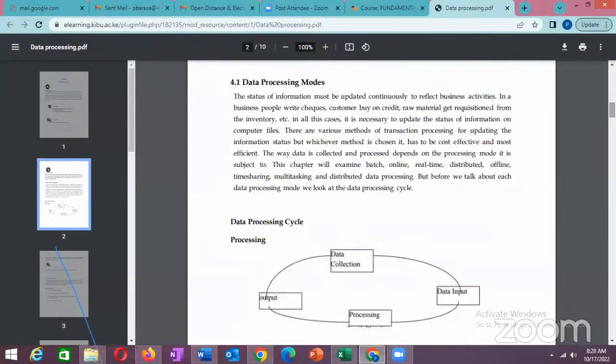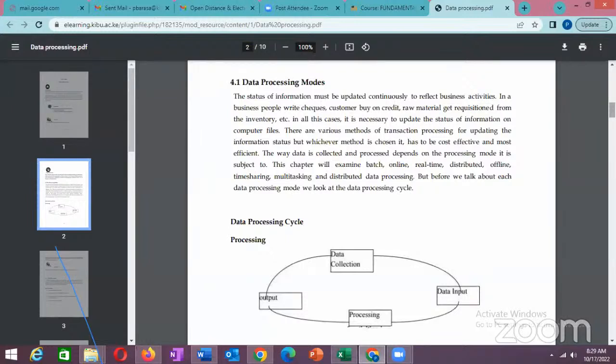So the status of information must be updated continuously to reflect business activities. In a business, people write checks, customers buy on credit, raw material gets requisitioned from the inventory, etc. In all the cases, it is necessary to update the status of information on the computer files.